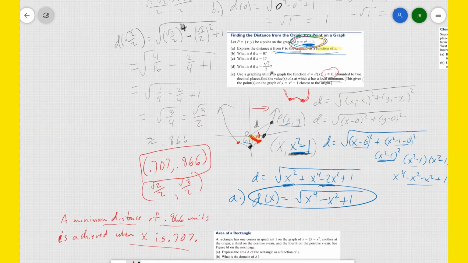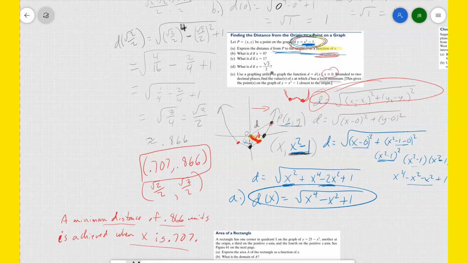All right, let me reiterate what we did. To express the distance, we used the distance formula. But we needed to do it as a function of x only, which means I had to make both the x and the y coordinates be in terms of x itself.